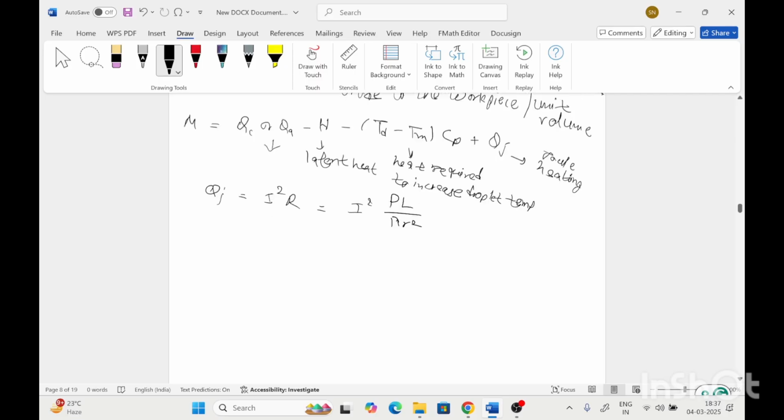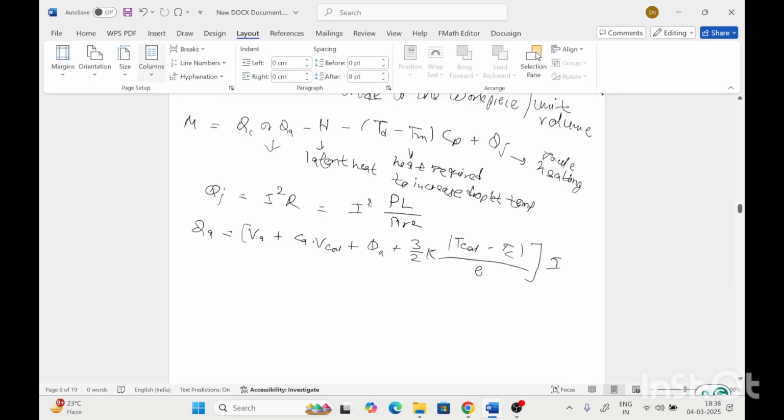So if we write the equation for QA, this is VA plus CAI, and QA can be written as this.